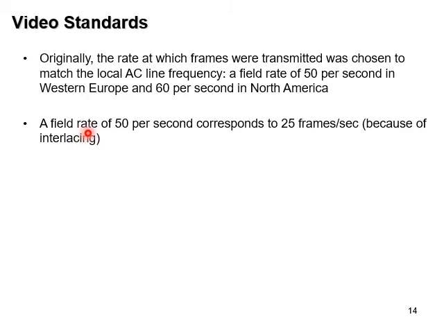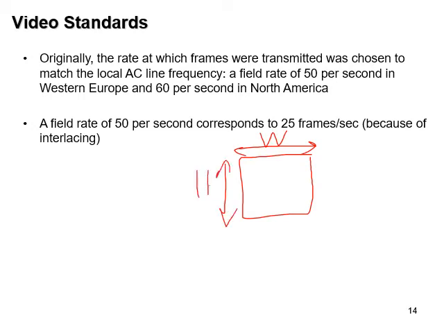But keep in mind that a field rate of 50 per second corresponds to 25 frames per second. Because if we are using interlacing, let's say that one full frame has a width of W and a height of H. At any moment, you are only sending half the frame, W times H divided by 2.